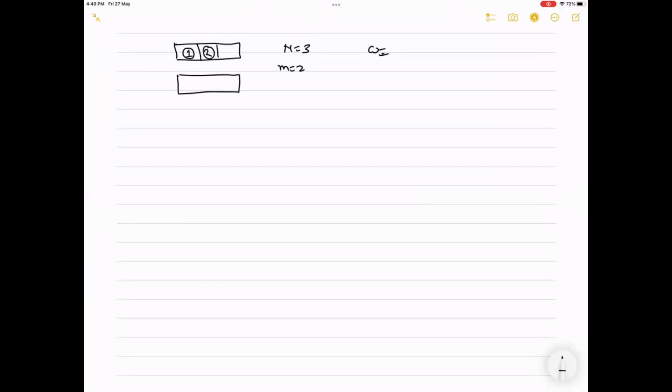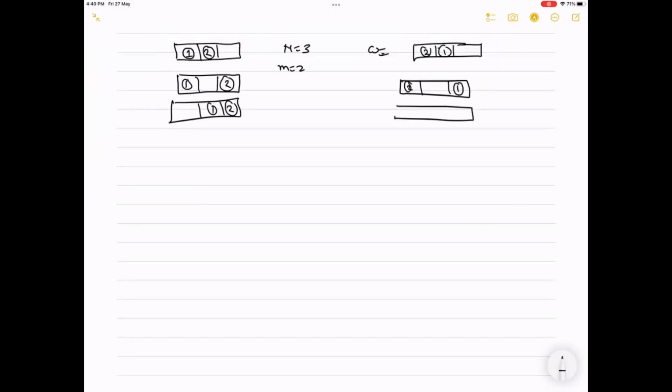One of them is this, the other one is this, then the third one will be something like this, then the fourth one will be something like this, where 2 and 1 have to be interchanged. Similarly here, the fifth one, 2 comes here, 1 comes here, and the sixth one will be this, right?